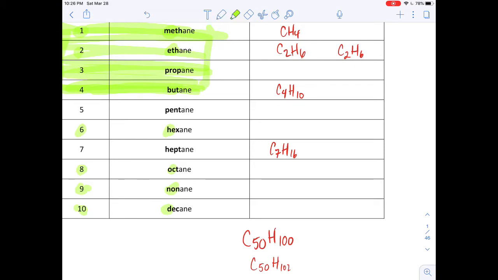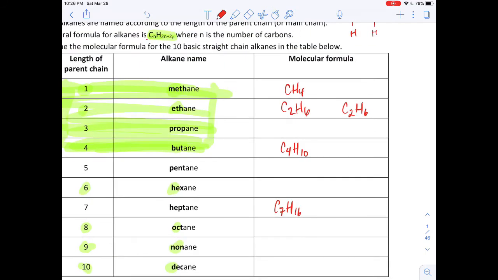This doesn't come up exactly in this kind of example, but it's helpful to be able to spot that the one I've highlighted here would be a saturated molecule, and that this would be unsaturated, because it does not follow the rule that we had up here.